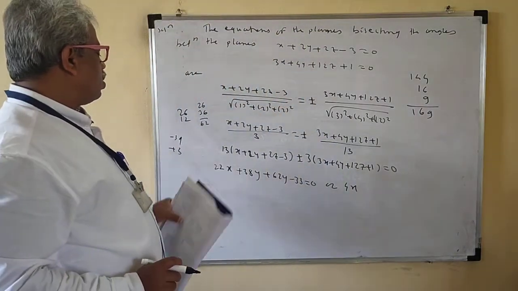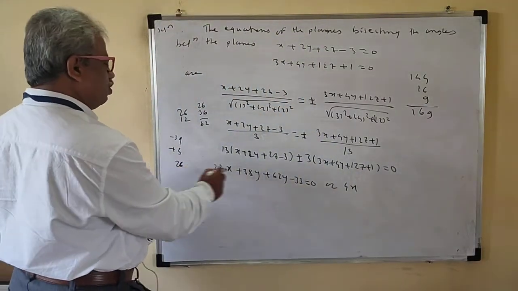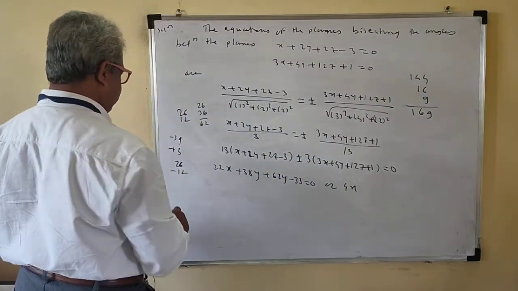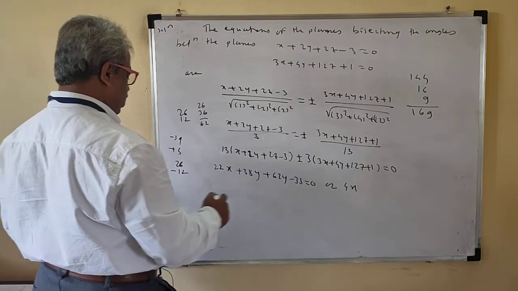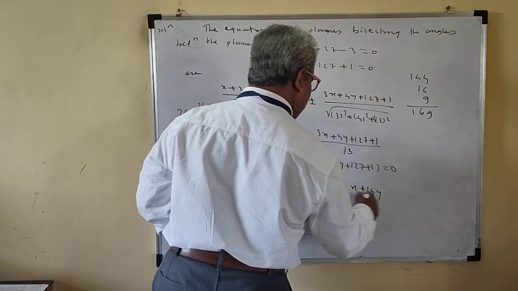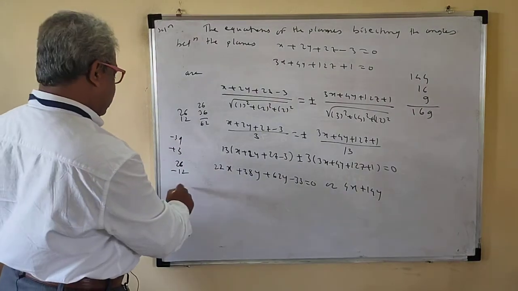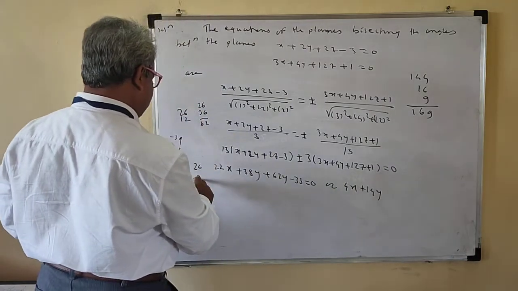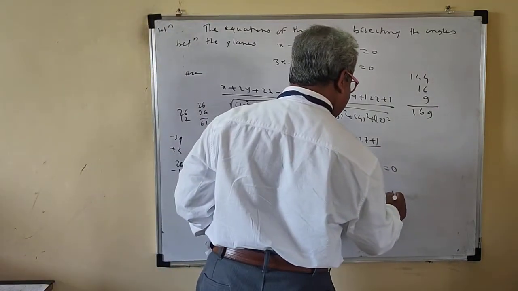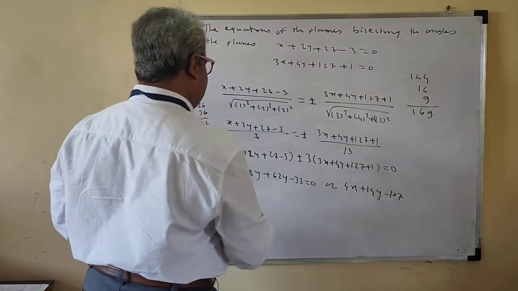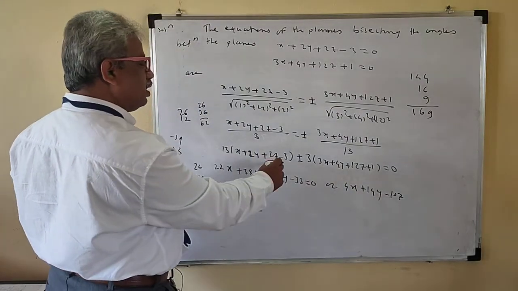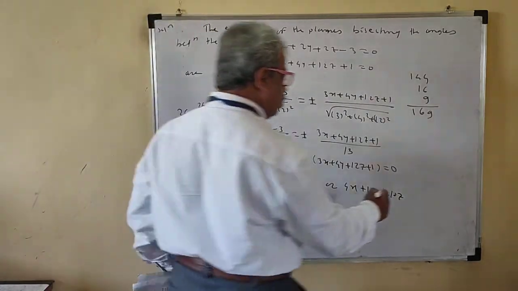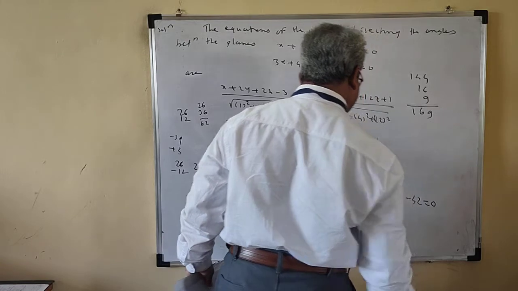Then 26 minus 12 is 14y. Then 26 minus 36 is minus 10z. Then minus 39 minus 3, so this is minus 42 is equal to 0.